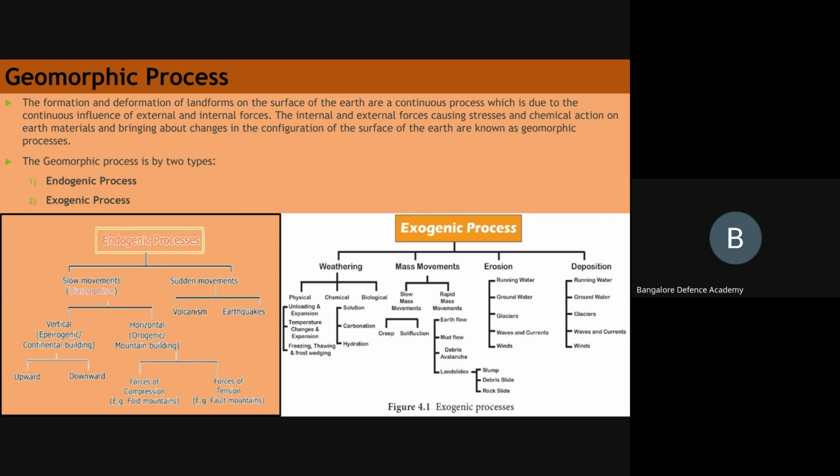You are listening to a geography class and you don't know what geography is. The study about the mapping of Earth. Then what is the study of Earth? Geomorphology is the study of Earth.